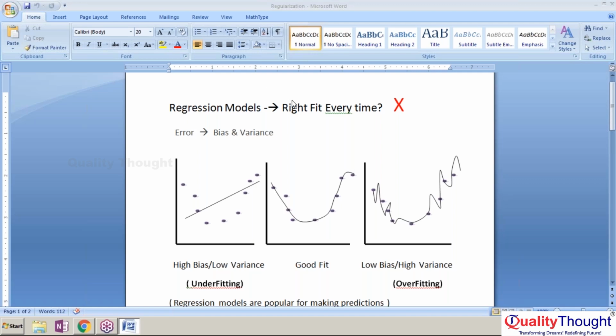So why is it not fit? What is the error? That error is none other than the bias and variance. What do we mean by bias and variance?